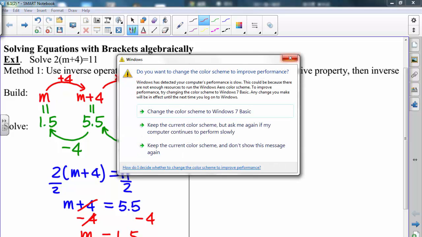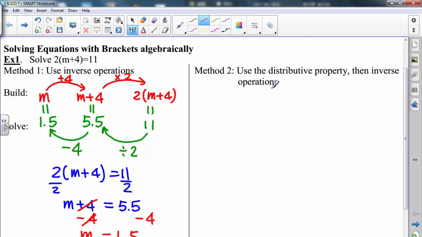Let's look at the second method. The second method is to remove the brackets first using the distributive property, then use inverse operations. We know the distributive property already, which is a(b + c). We can distribute this a into the brackets for each term.